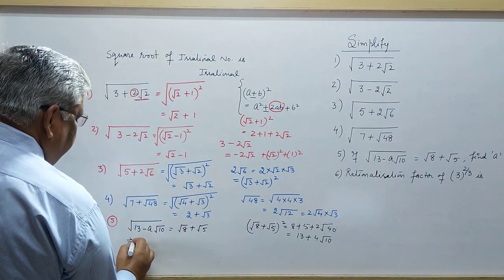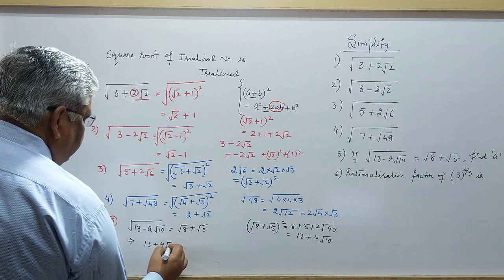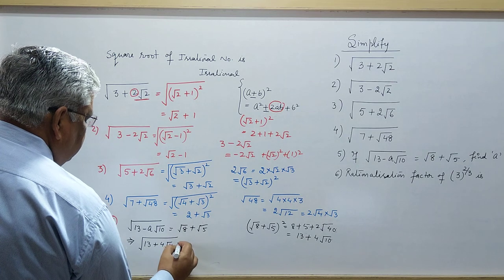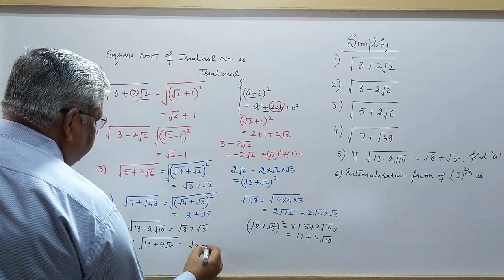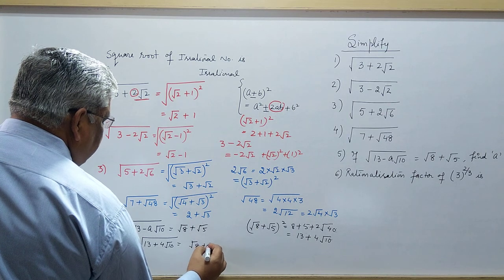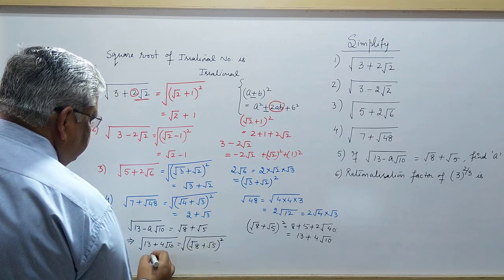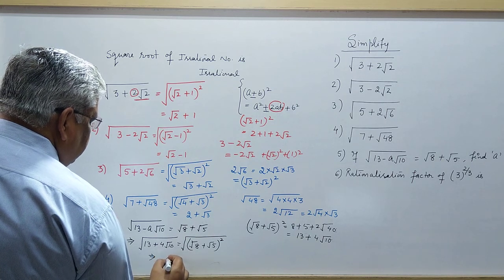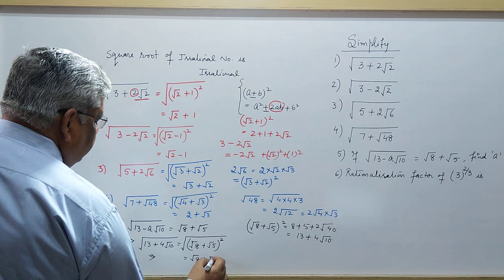It means this can be written as 13 plus root 40, and square root is root 8 plus root 5 whole square, and square root. This implies this is root 8 plus root 5.